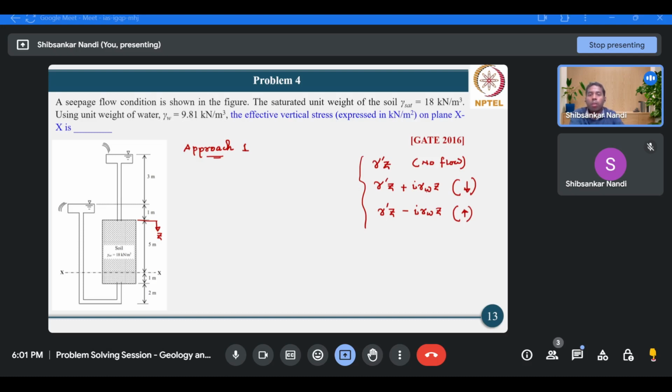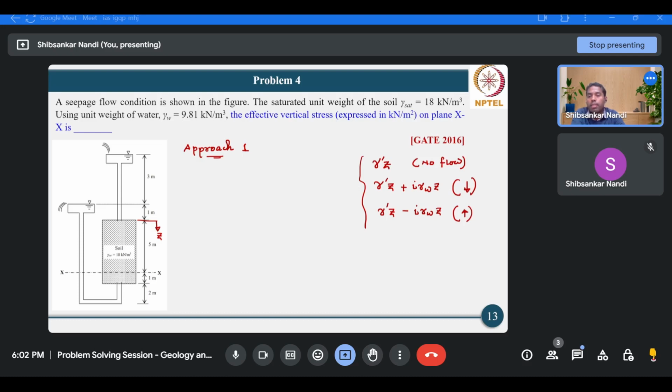For this problem we have to calculate the effective vertical stress on plane XX, which is located at a depth of 5 meter from the top surface of the soil. First, we'll identify which condition is valid for this problem: no flow, seepage in the downward direction, or seepage in the upward direction.